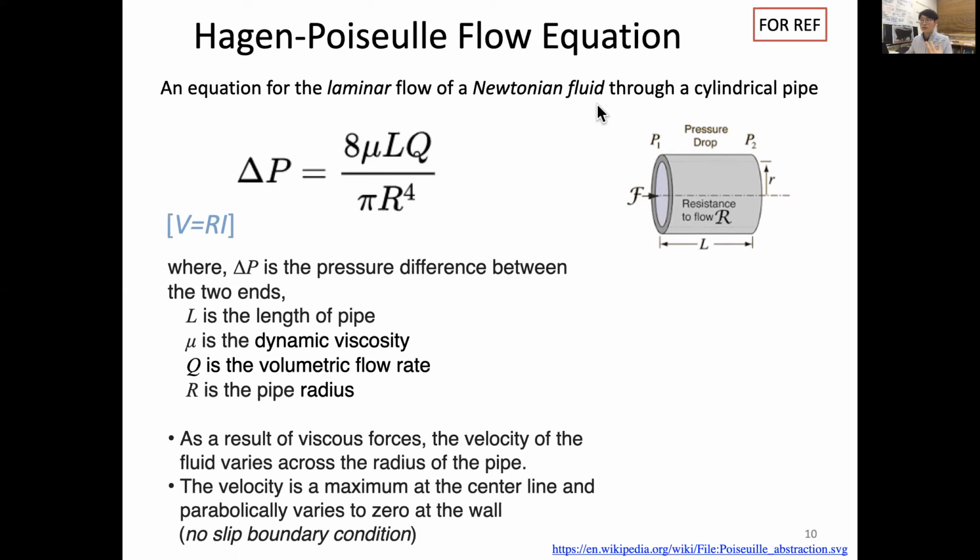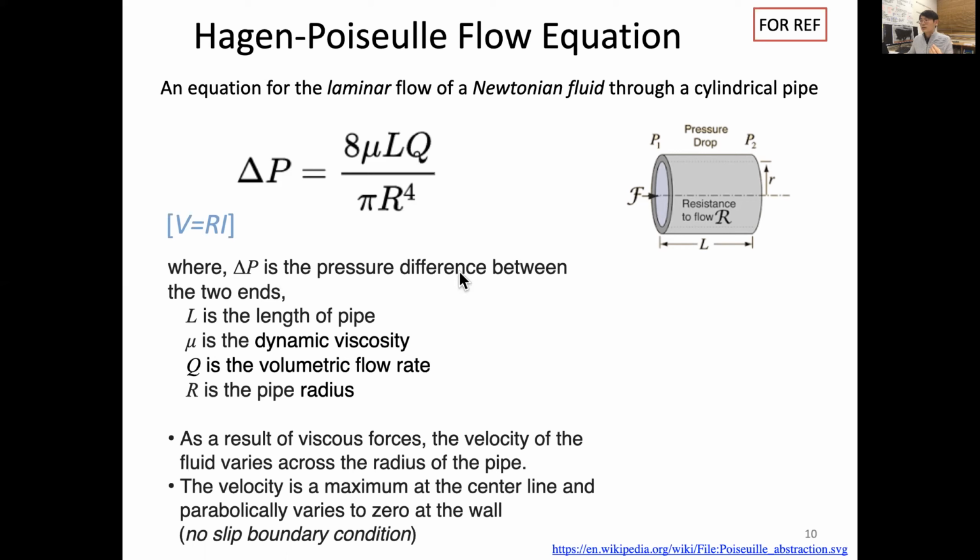With this assumption, as I showed you already from previous, the pressure drop throughout this flow will be like delta P is like this. Here, Q is the flow rate, and the other, from this analogy with Ohm's law, this becomes a resistance.